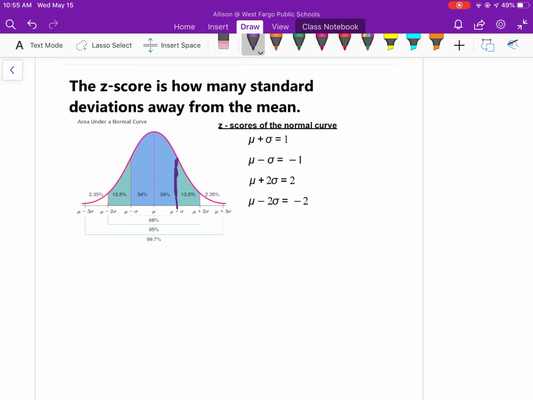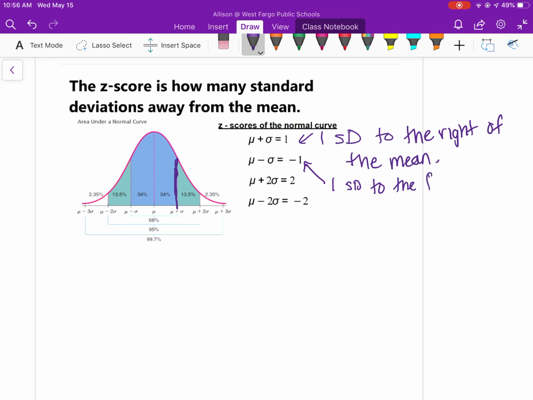So a Z-score of positive 1 tells me that we are 1 standard deviation to the right of the mean. Whereas a Z-score of negative 1 tells me that I'm 1 standard deviation away from the mean, but to the left, because it's negative. A Z-score of negative 2 then would be 2 standard deviations to the left of the mean.